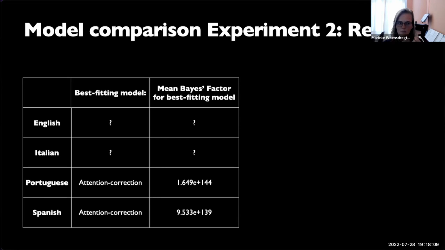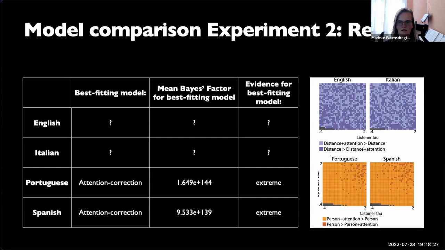It was not possible to tell which of those 2 models fits best, the baseline one or the attention correction one. But for Portuguese and Spanish, we see clearly that participants indeed do this type of attention monitoring and redirecting of attention by using their demonstratives flexibly. This is what those results look like.